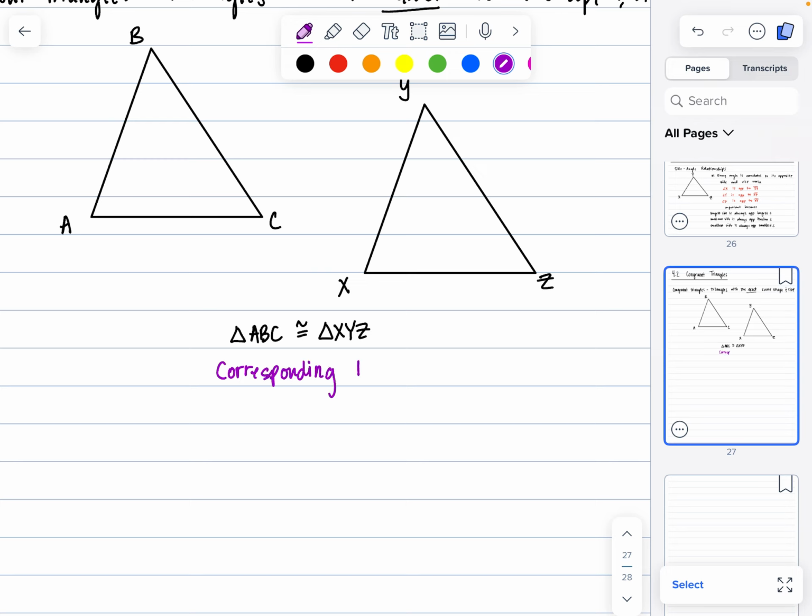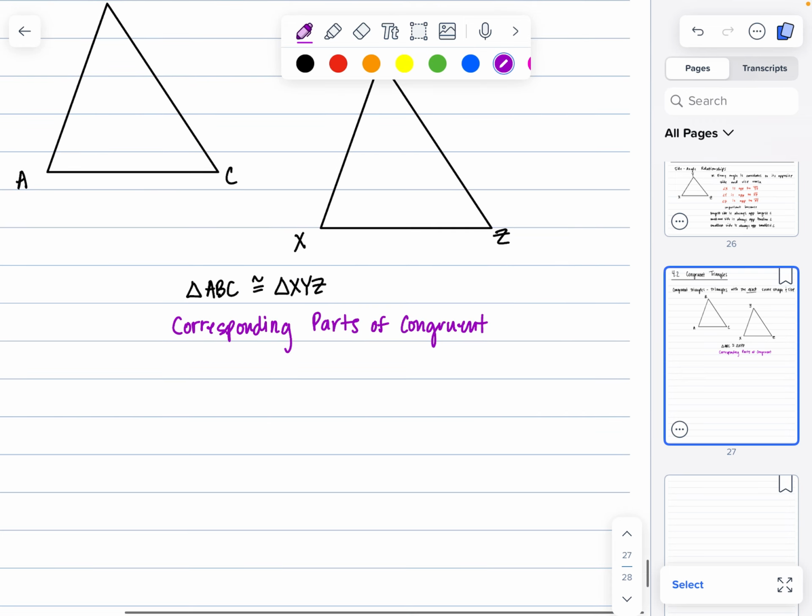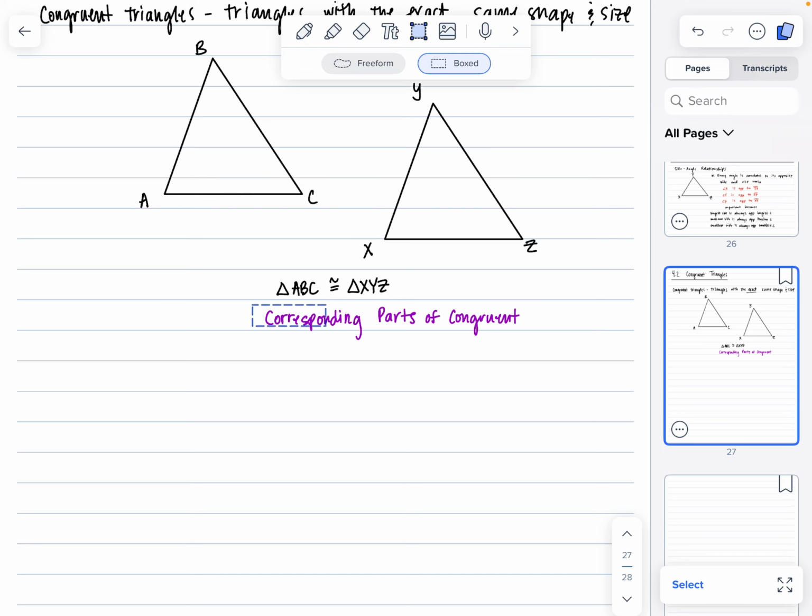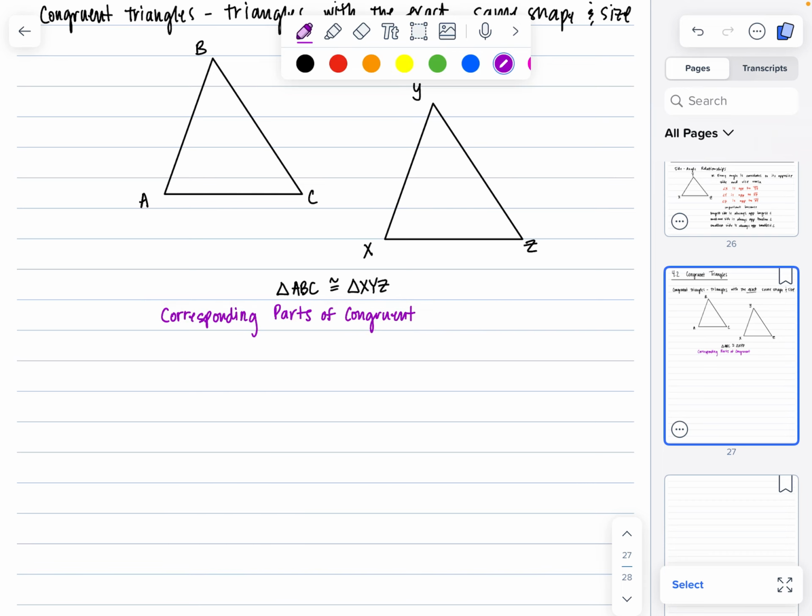Corresponding parts of congruent triangles, and I probably should have spaced this out a little bit more. Corresponding parts of congruent triangles are congruent. Okay, this is also known as CPCTC.